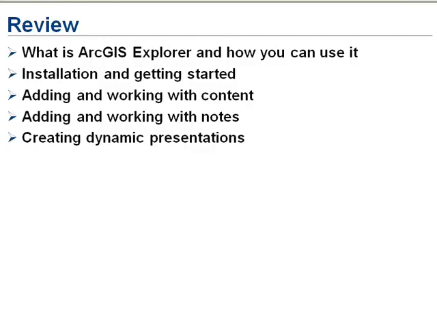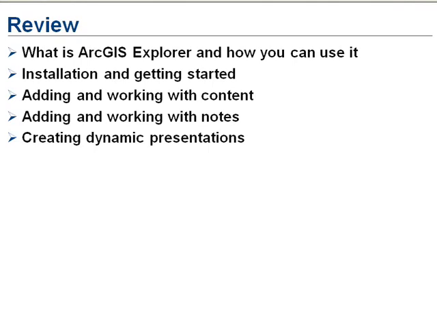So during this introduction, we've covered how you can use ArcGIS Explorer and how to get started using it. We've reviewed the installation and how to do basic navigation, use the navigator, use the mouse, and also use the keyboard, how to get help, and how to work with the various dockable windows.